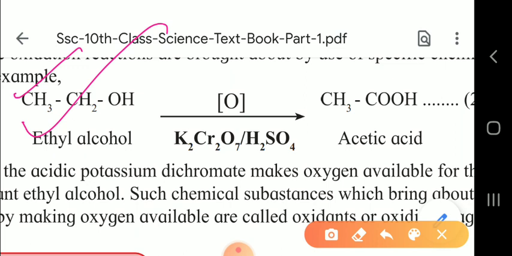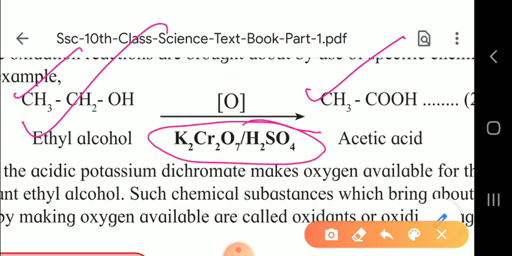Here the reaction takes place and acetic acid is formed. You can see this acetic acid is formed, and this is the acidic potassium dichromate.